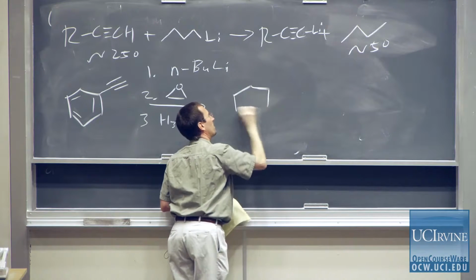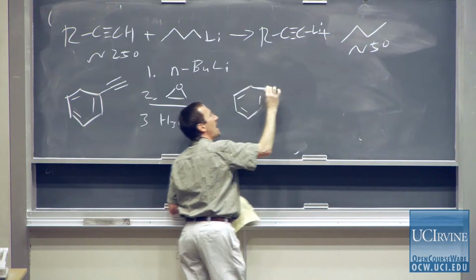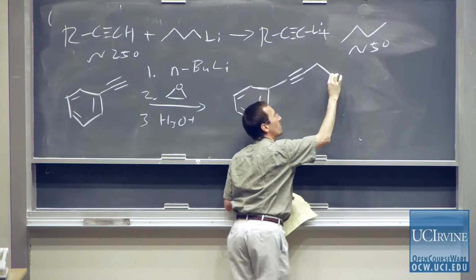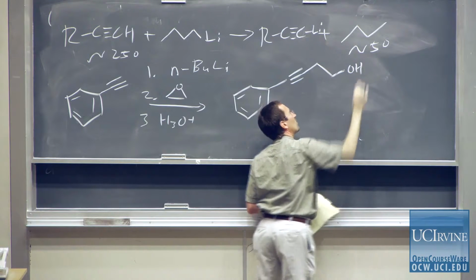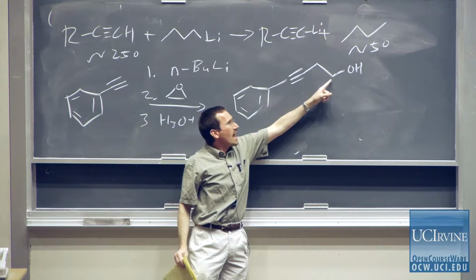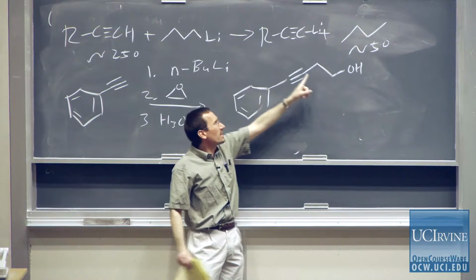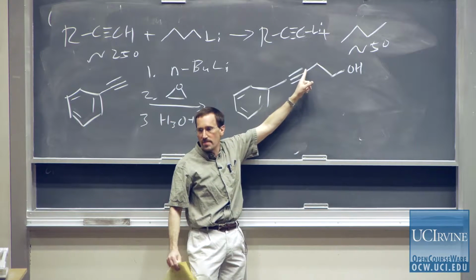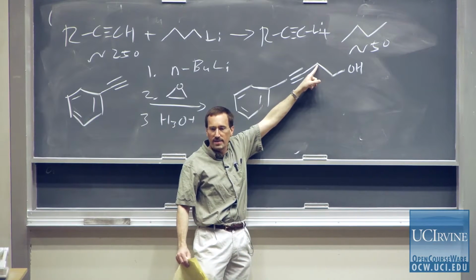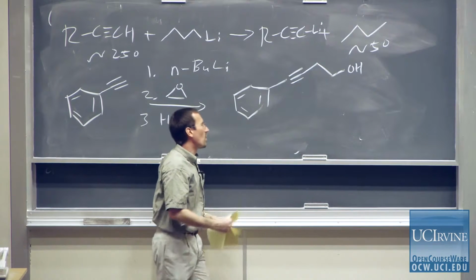The product is an alcohol, just as in all the reactions I've shown thus far. But what's interesting is that the alcohol, instead of being connected directly to the carbon where the nucleophile attacked, is one carbon over.